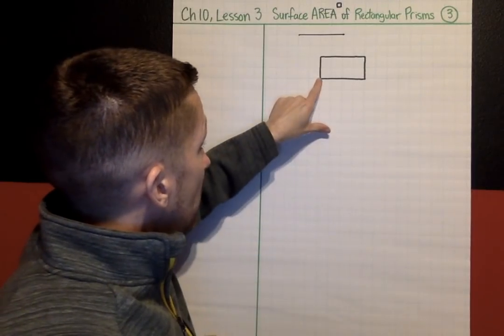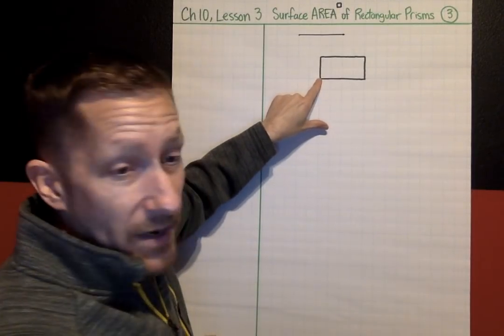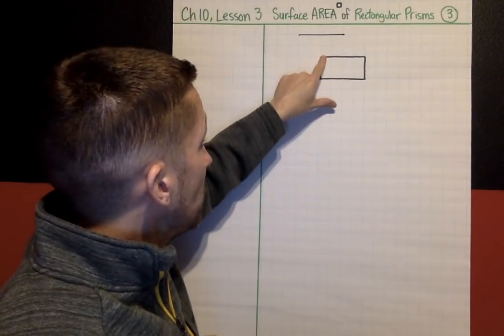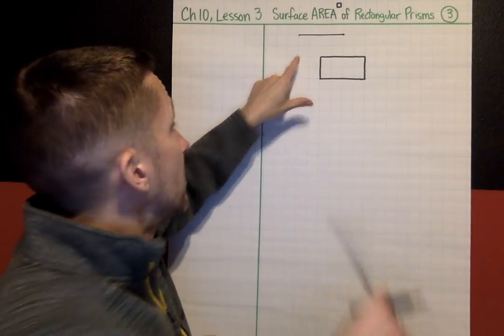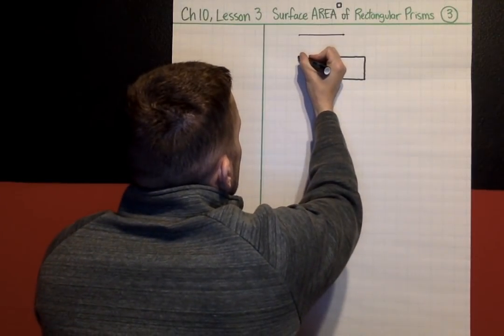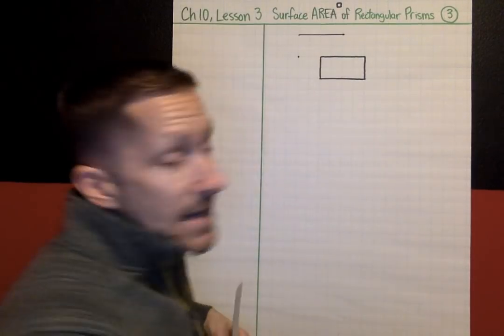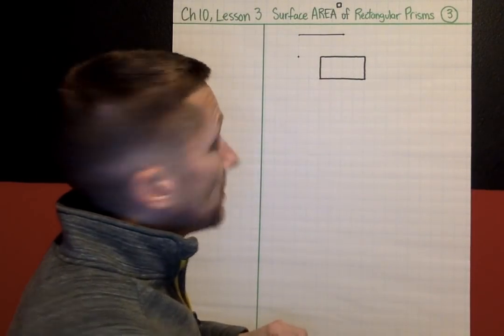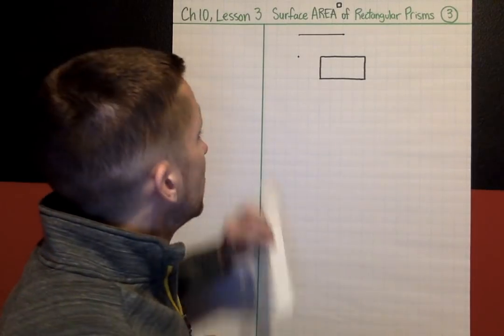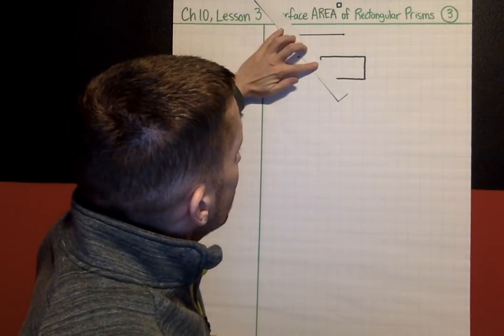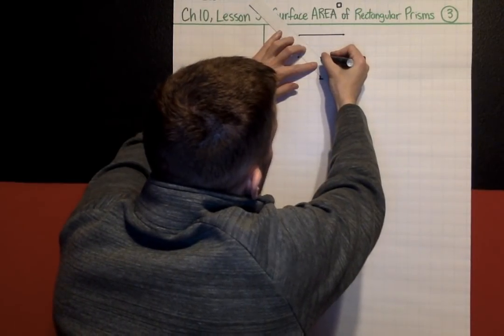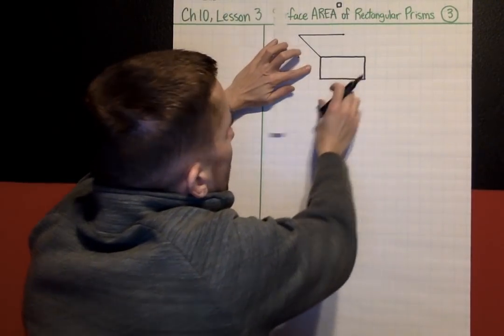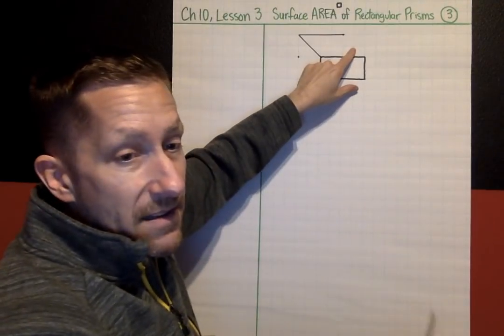Then I'm going to start in this bottom corner and go up 2, over 2, and put a point right here. Okay, now what I'm going to do is connect this line right here. I'm going to draw this diagonal. I'm going to do the same thing on the other side.